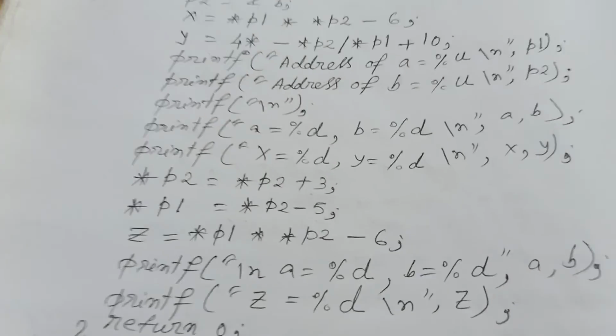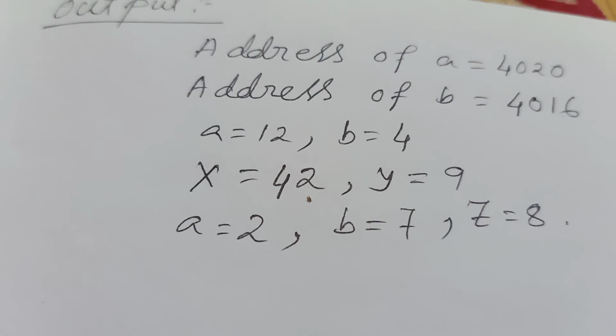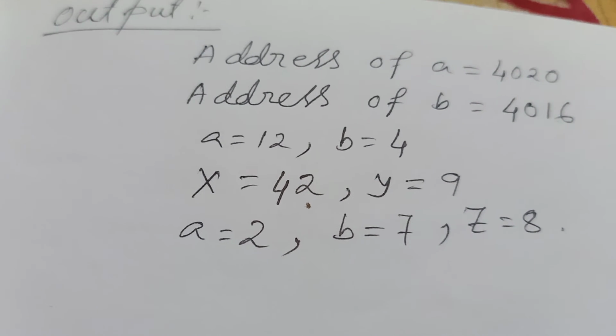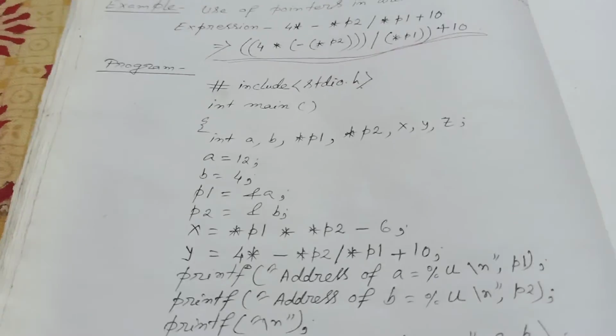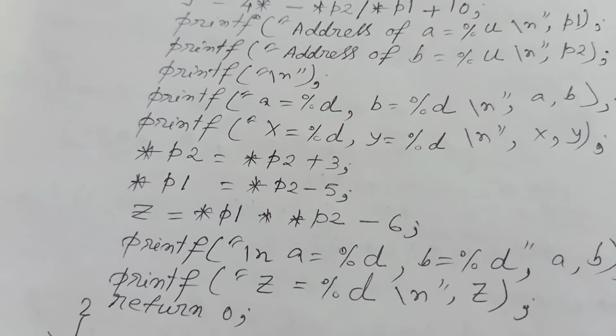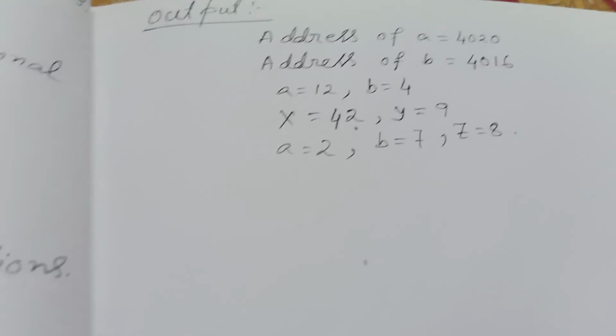Now when we change the pointer variable value, we get the new value of a equal to 2 and new value of b equal to 7. So the value of z equal to 8. If you execute this program, then you will better understand the output.